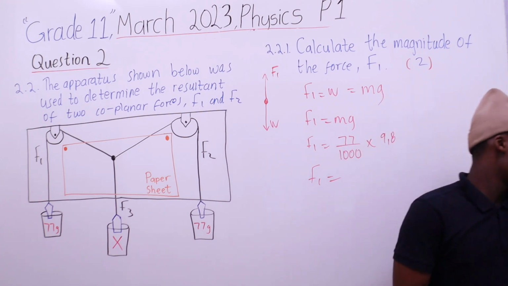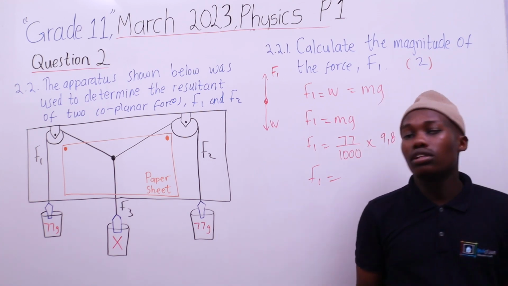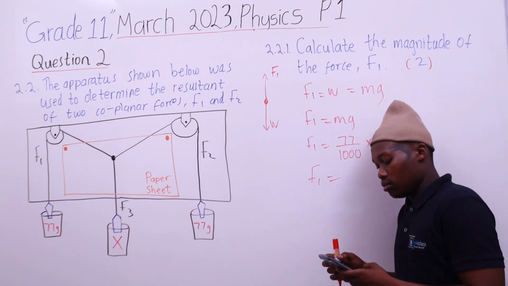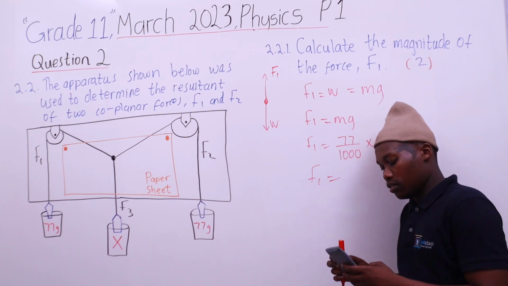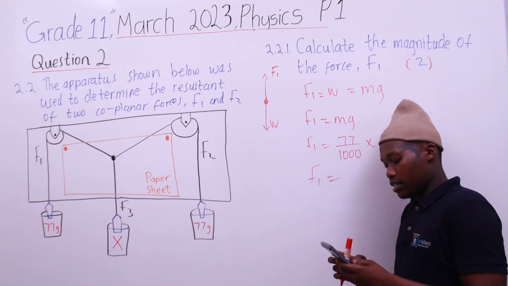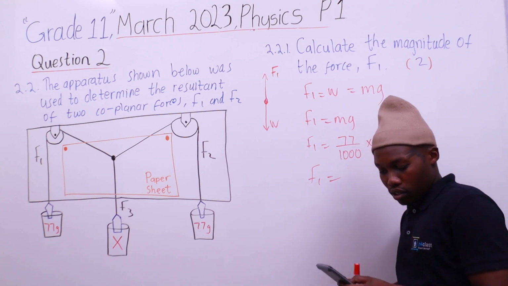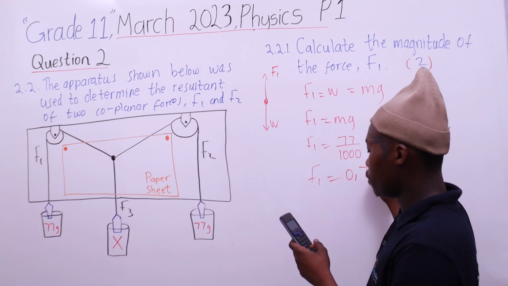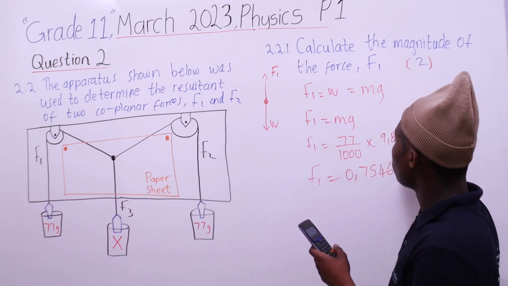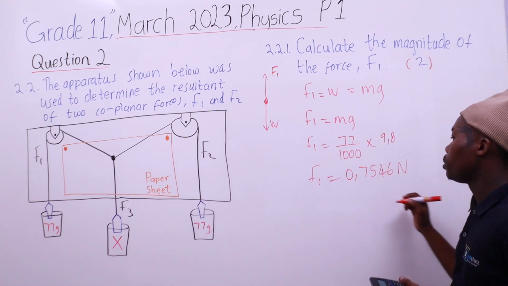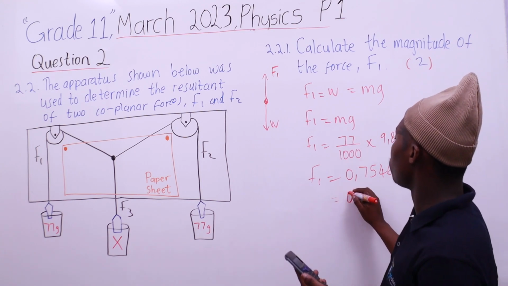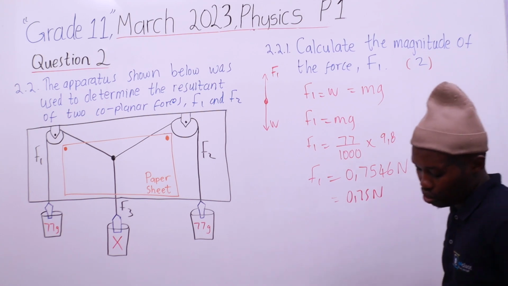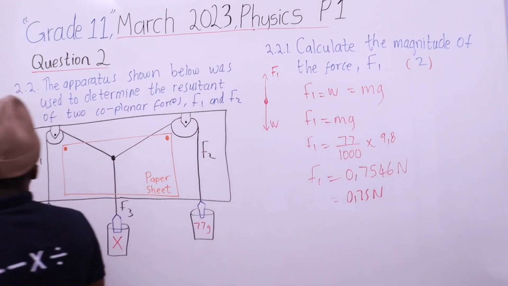So on the calculator, 77 over 1000 multiplied by 9,8 gives 0.7546 newtons. I'm going to round off to 0.75 newtons. That is the magnitude of force 1.